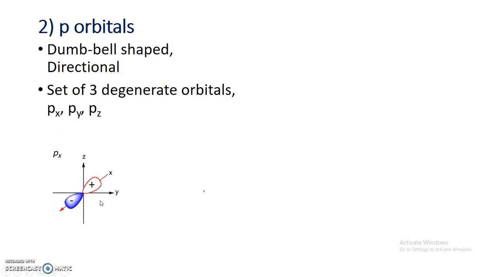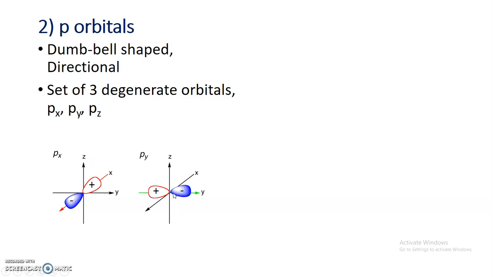Now the shape of the px orbital. Again consider the x, y and z axes. In the px orbital, the lobes are oriented along the x-axis. One lobe has a positive sign of the wave function, the other lobe has a negative sign. So this is the px orbital.